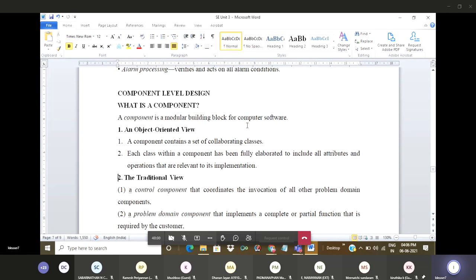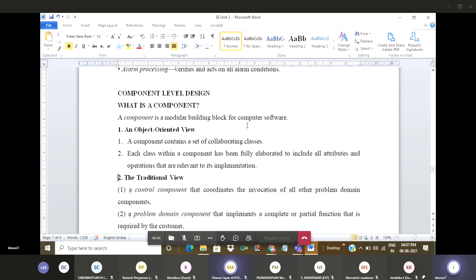But here there is no specific example for this. I can explain only the concept, so I am explaining only the exact definition of the concepts.